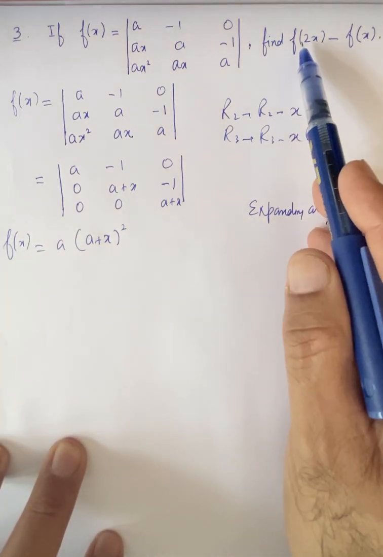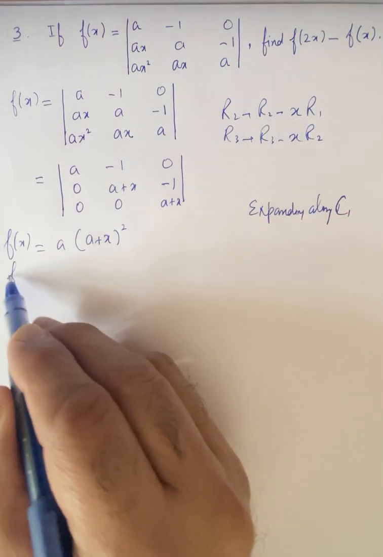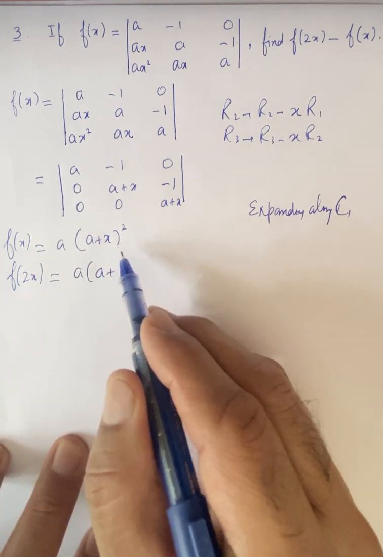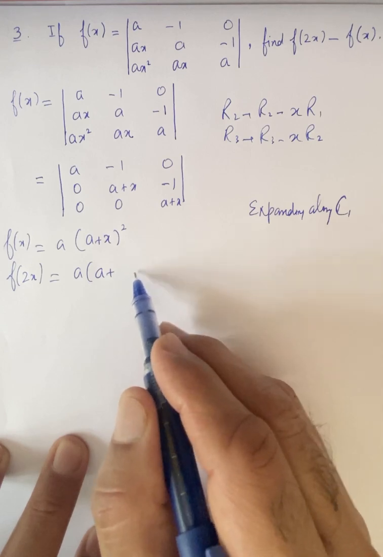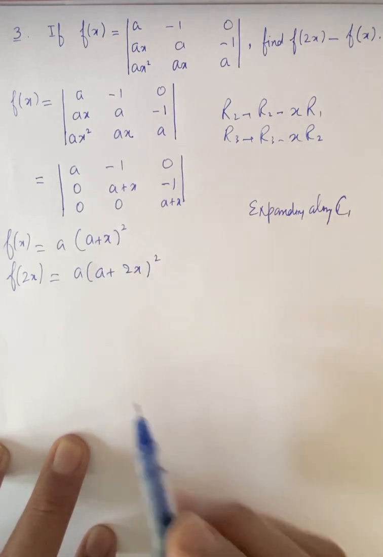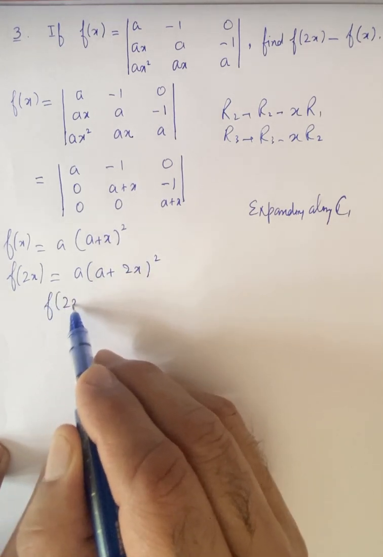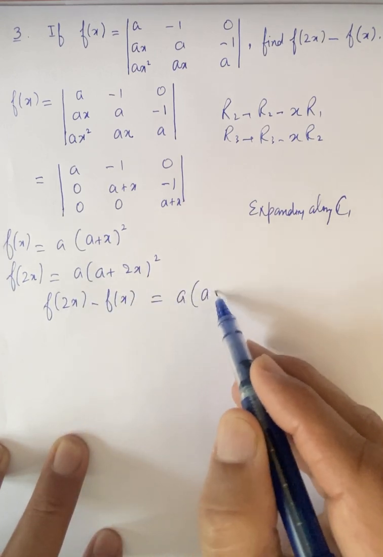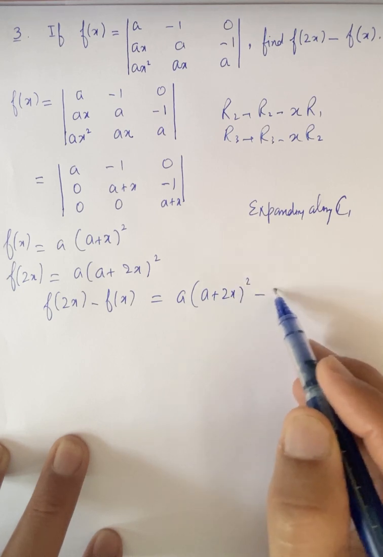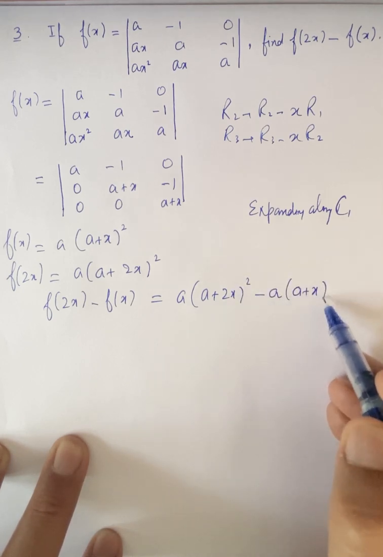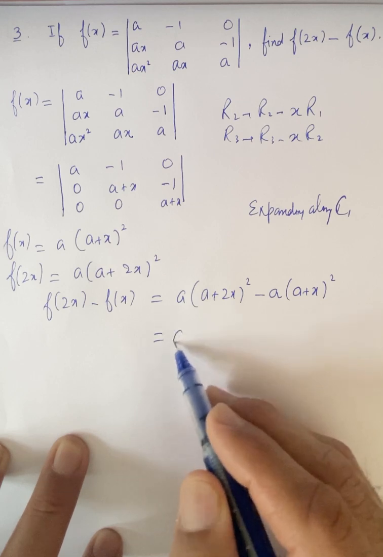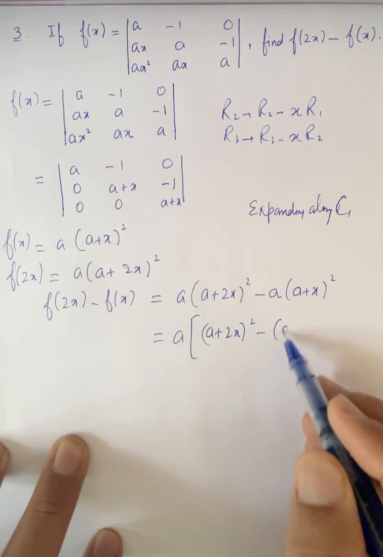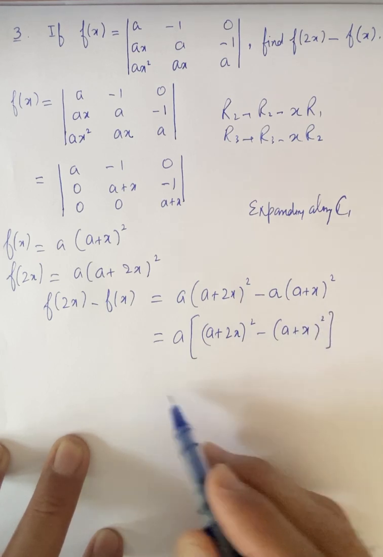We want f of 2x minus f of x. So f of 2x is a into a plus, now replace x by 2x, a plus 2x whole square. Let's find f of 2x minus f of x. That's a into a plus 2x whole square minus a into a plus x whole square. Taking a common, it is a plus 2x whole square minus a plus x whole square.